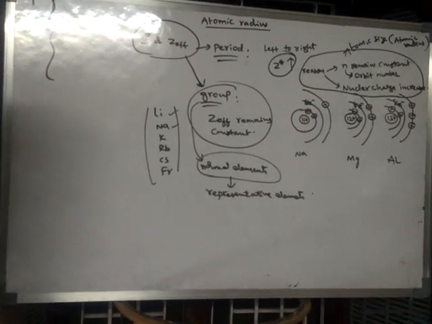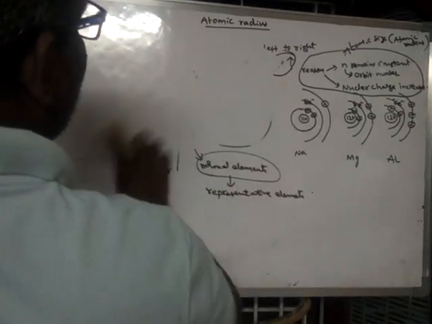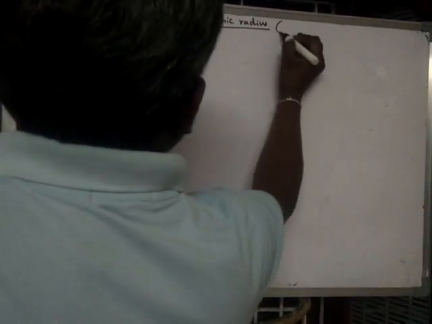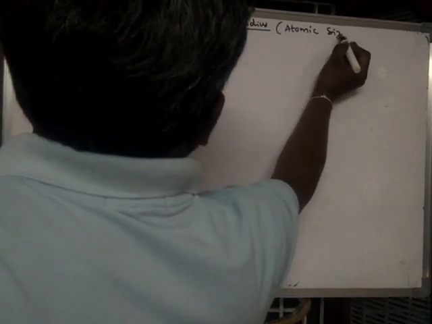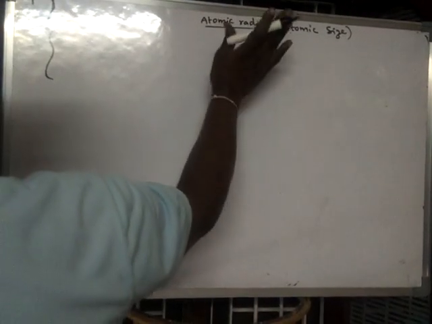Right, so now we will learn about atomic radius, how atomic radius varies. Atomic radius is also called atomic size. Atomic size is expressed in atomic radius, or else atomic radius and atomic size are synonymous.